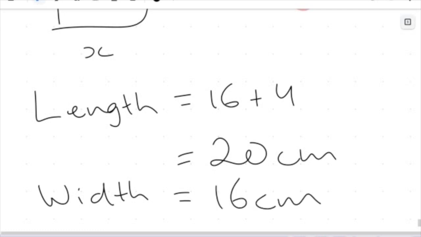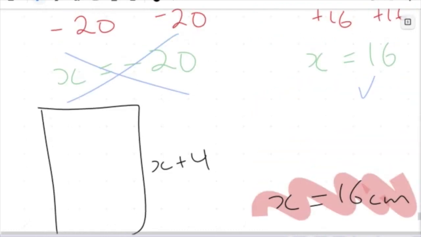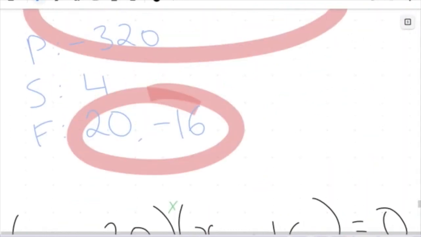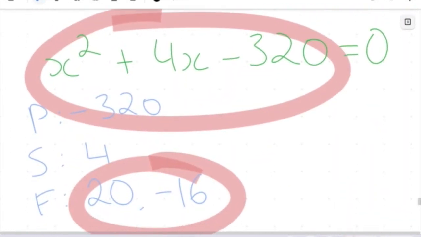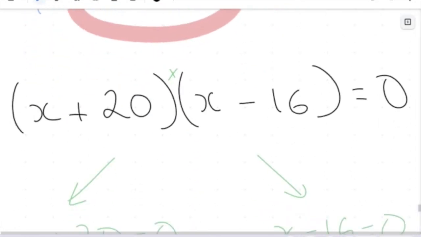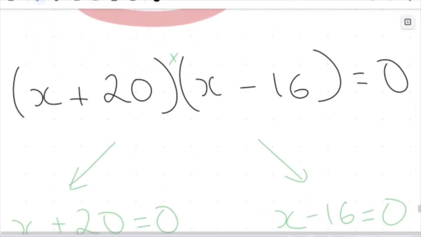So by breaking down the question, by drawing a picture, by considering the context of this, making a quadratic equation out of all of this information, we are now in a good position to use the techniques we've been doing all the way up until now. The factorization of the quadratic expression, the null factor law once we have our two binomial products to find solutions.